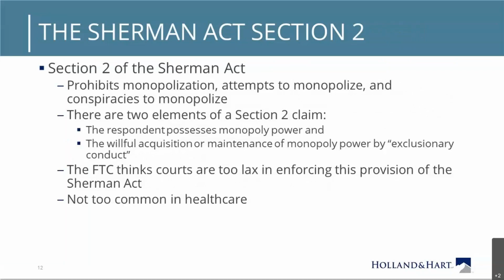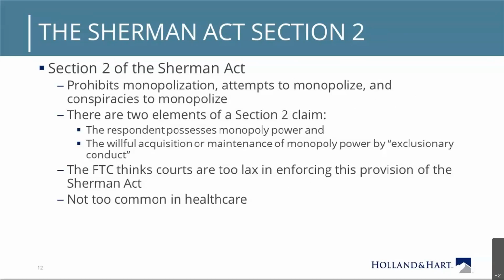Let's look at Section 2 of the Sherman Act, which prohibits monopolization or attempts to monopolize and conspiracies to monopolize. And so what we look at is whether the respondent, the defendant in a lawsuit, possesses monopoly power, and they either acquired or maintained that monopoly power by exclusionary conduct.